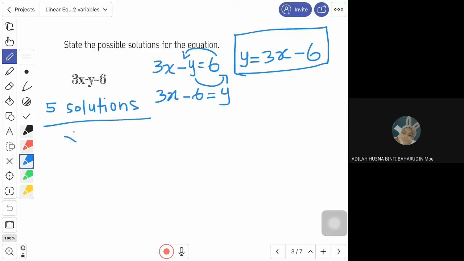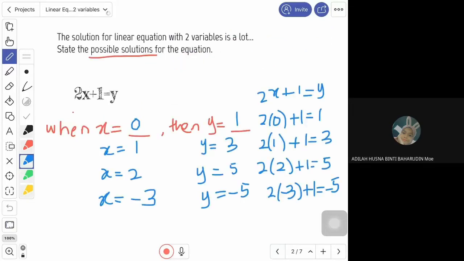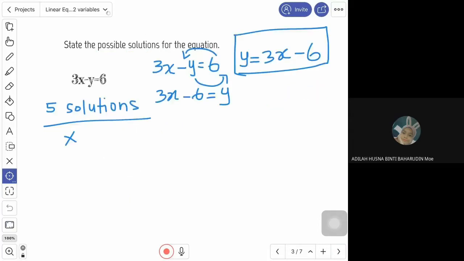Instead of writing the answer in sentence form, we can also put our answer in tabulated values.